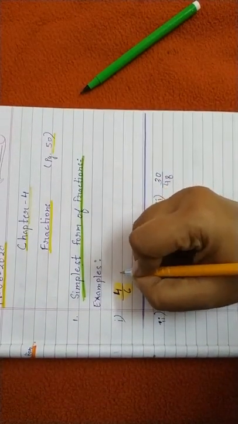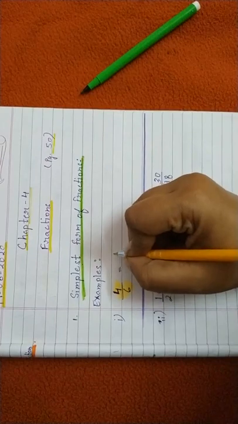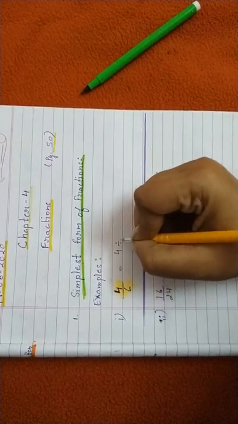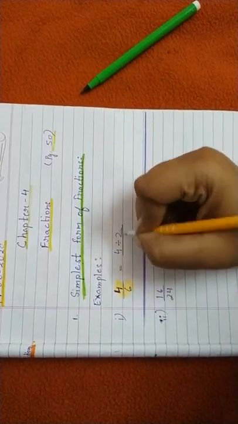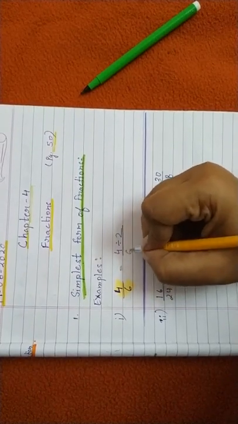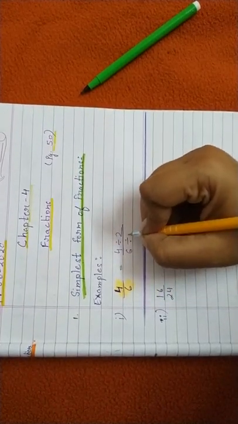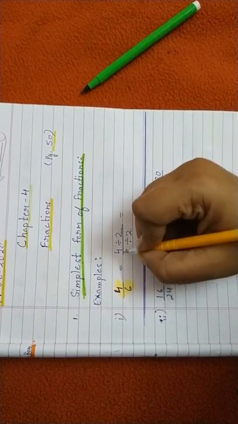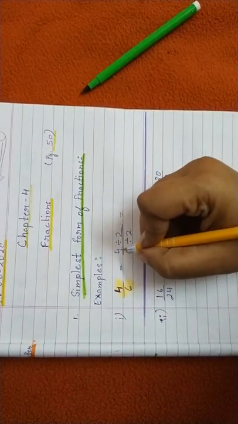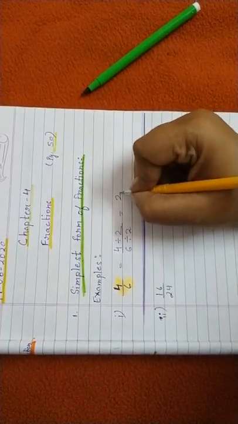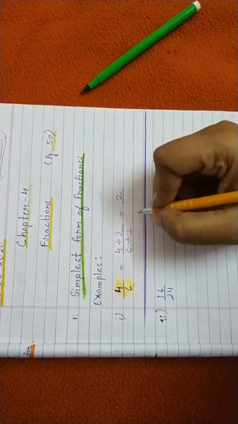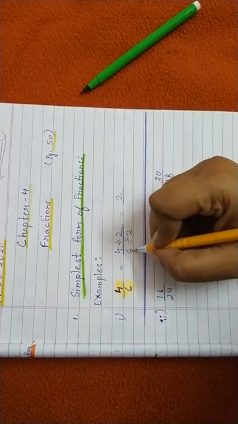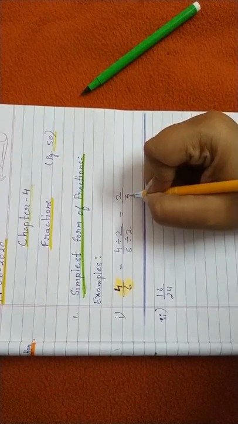I'll be writing 4 divided by 2, then 6 divided by 2. When you divide 4 by 2, you get 2. And when you divide 6 by 2, you get 3.